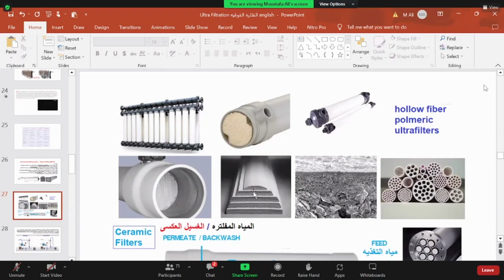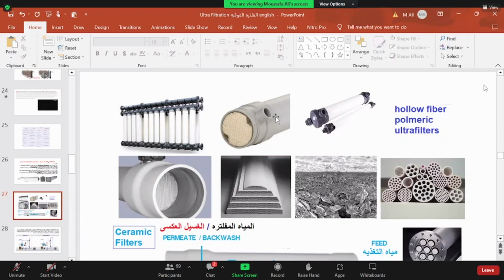For the ceramic membranes, it can be applied for dual application, sucking and pressurized, inside the pressure vessel itself. But for the hollow fiber, it is just a pressurized system. So the hollow fiber membrane and the ceramic tubular membrane: the ceramic tubular membrane can be of dual application, used with suction or pressurized.